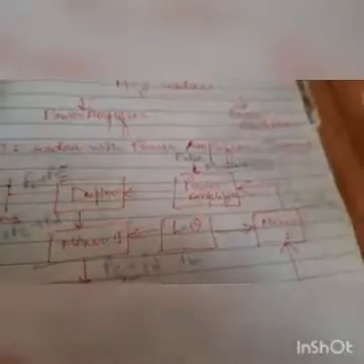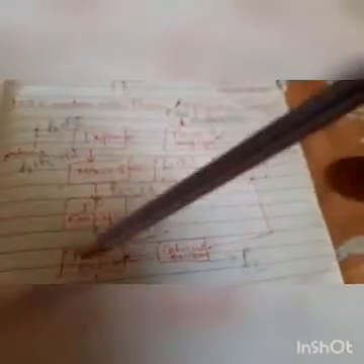So this is the whole working of the MTI radar, in which we have studied the first classification, the MTI radar with power amplifier. Okay, these are the block diagrams.